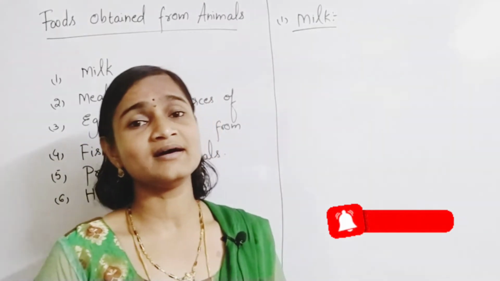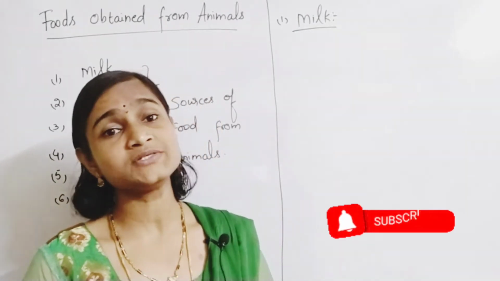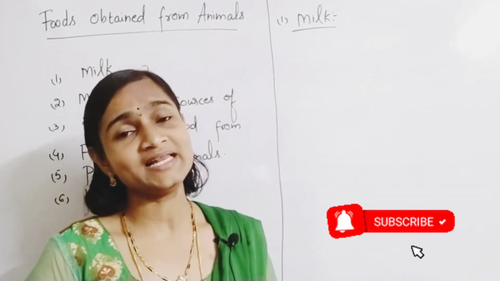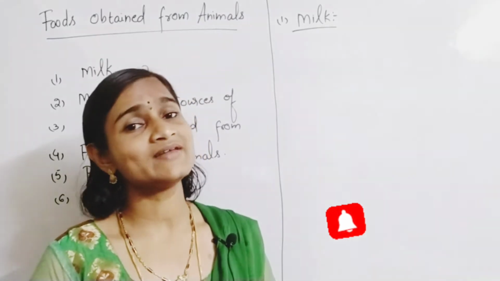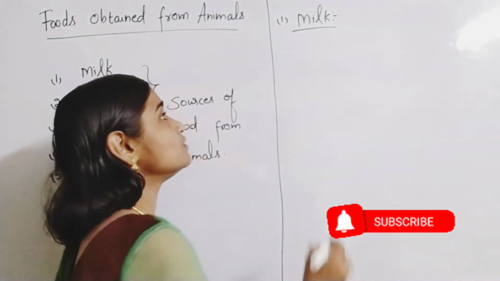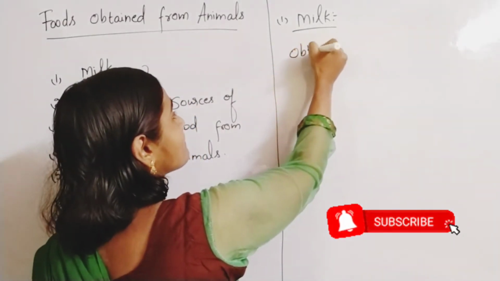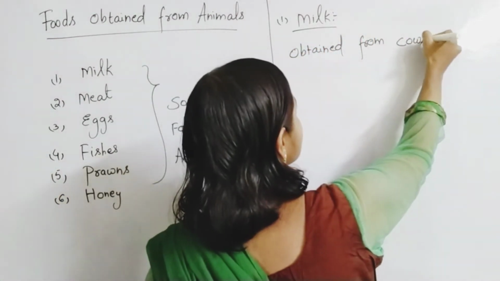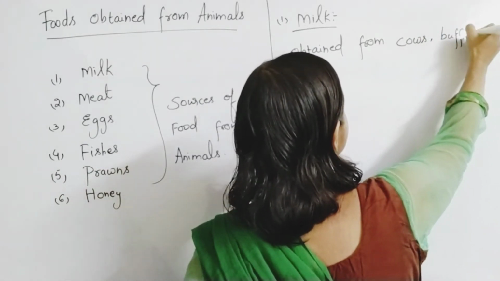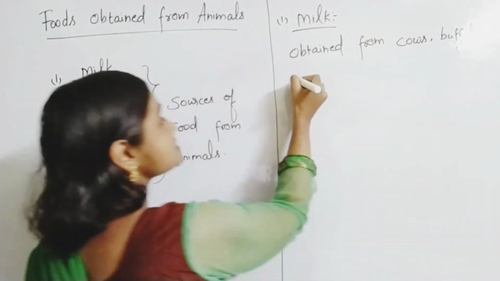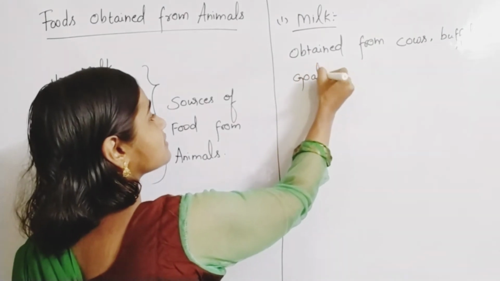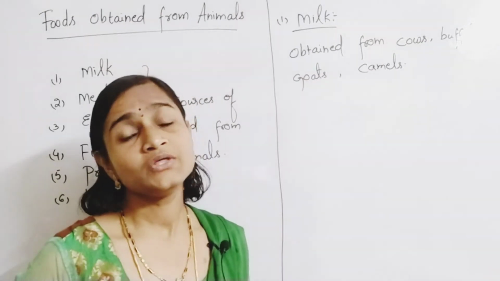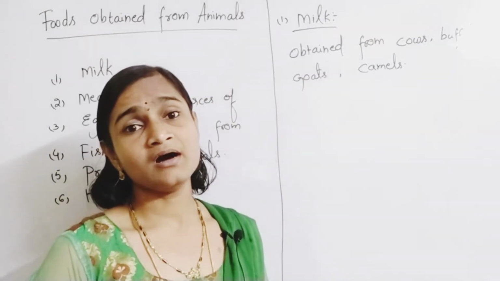Goat, sheep as well as camel also give milk, and people consume the milk given even by goats and camels. So milk is obtained from cows, buffaloes, goats and camels.